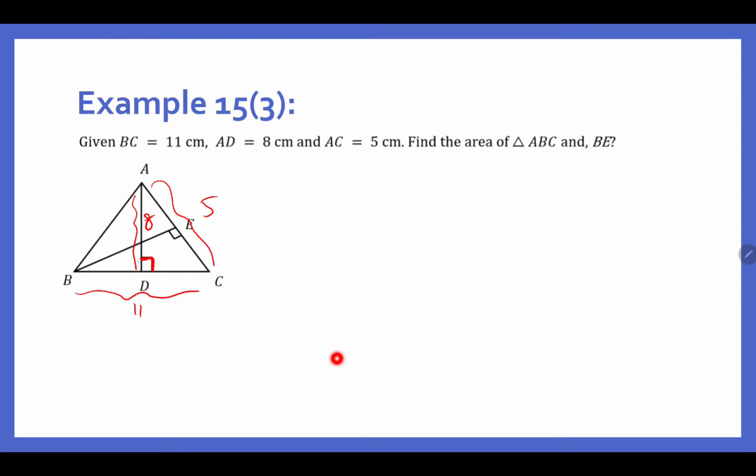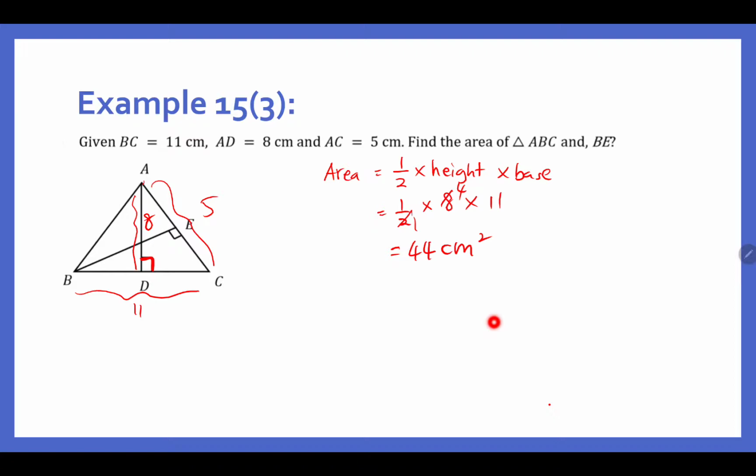Macam mana kita tahu 8 ni ketinggian dia? Sebab daripada bucu atas sekali perpendicularly to the base. So kita boleh guna formula area equals 1 over 2 times height times base. Area dia 1 over 2, height dia adalah 8 tu 8, and then base 11. So area dia 44 cm square.